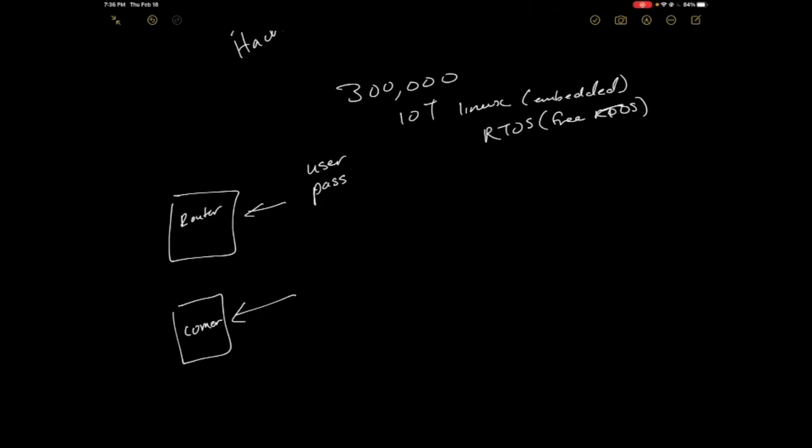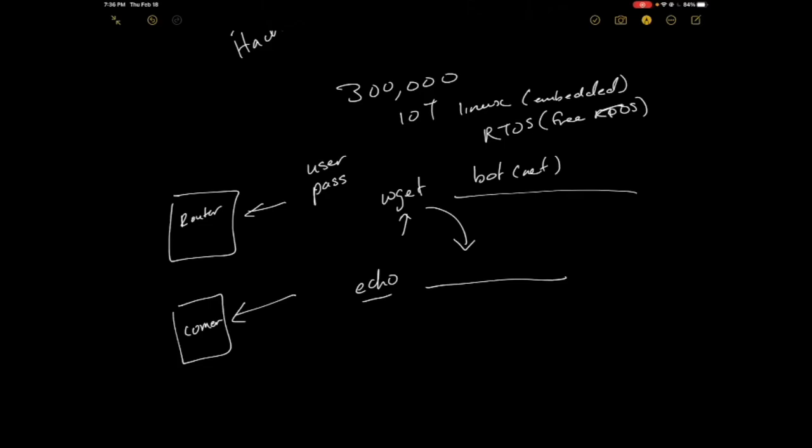And then once they've logged in, they'll try to do a webget for their botnet code that contains their reverse shell. And if webget wasn't available, they did something clever. They created what was called an echo loader. So it would run the echo command followed by the series of bytes associated with webget, and then it would execute those bytes directly.